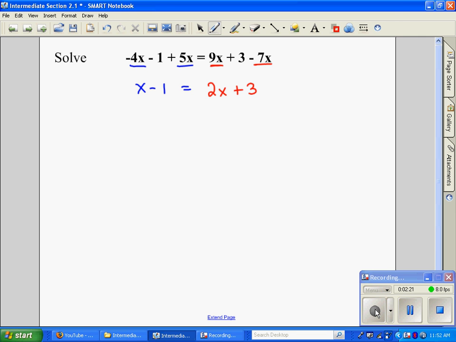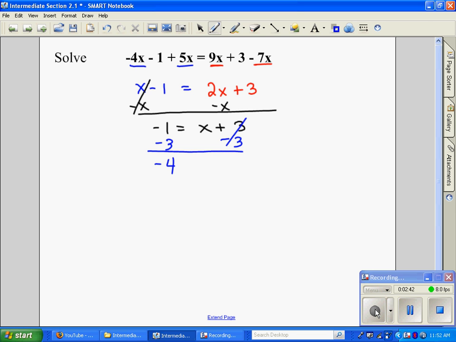Once I have both sides simplified, now I want to move the variables to one side, so I'm going to subtract x, and I get this, and now I want to move the constant terms to the other side and get x by itself, so now I want to subtract 3 from both sides. Whatever you do to one side, you do to the other, and then you get negative 4 is equal to x.